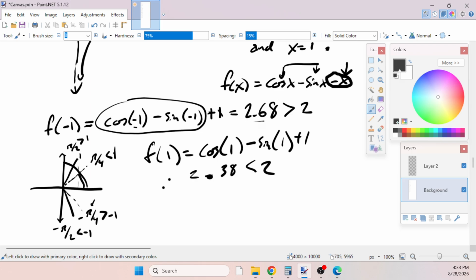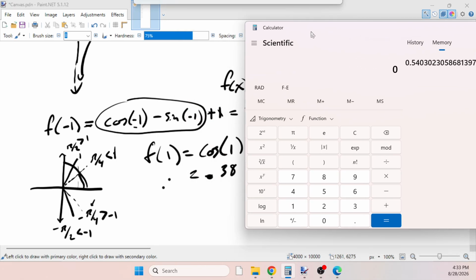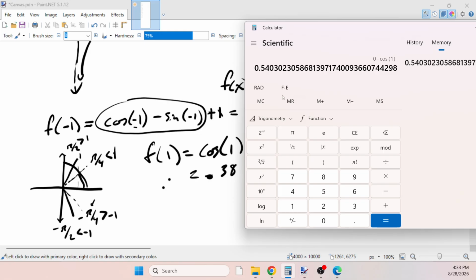This one up here, we need to redo because the calculator didn't work as I expected it to. So with that one, we go -1, plug that into cosine, and we get this 0.5403. Remember that. Type in -1, we type in sine, get that.